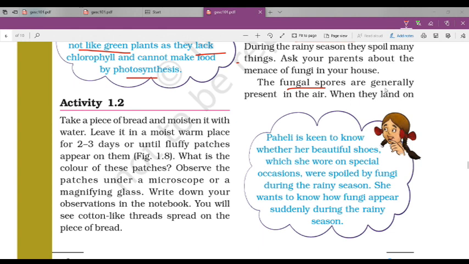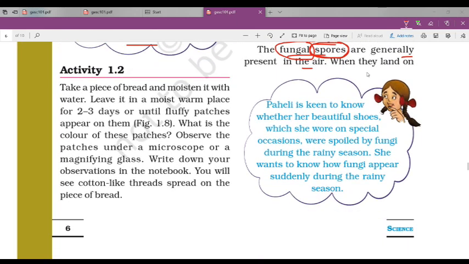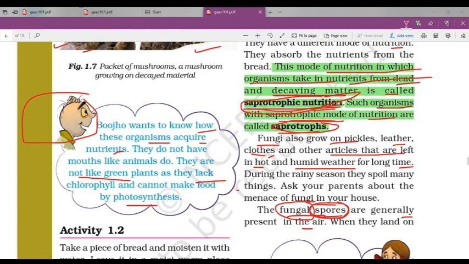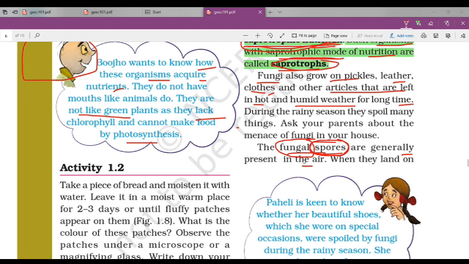The fungal spores are generally present in the air. Spores are a special type of structure which helps fungus to form new fungi, new living organisms like them. Spore is just like what we humans have, the zygote. Why do they form spores? Actually, these fungi grow in a moist area.